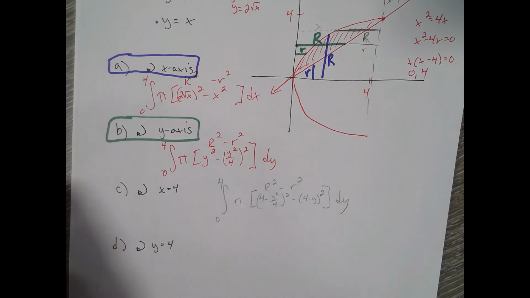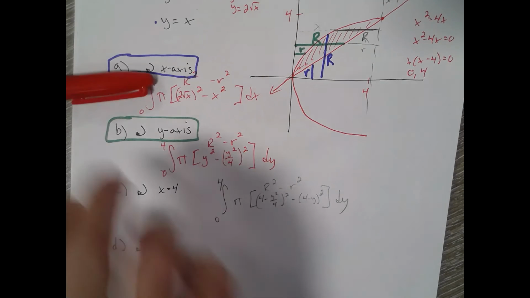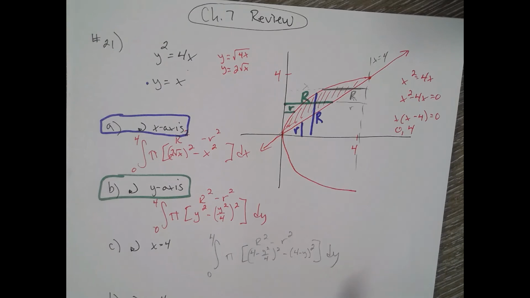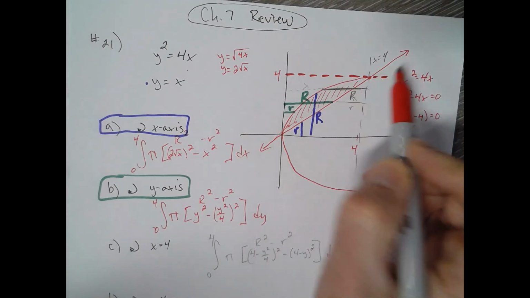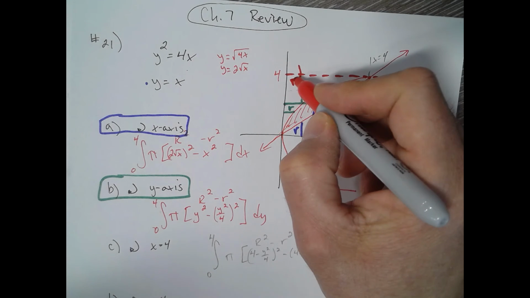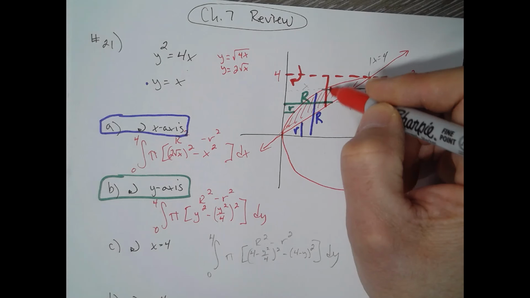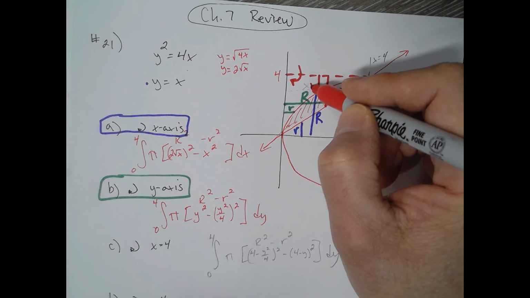Alright, I have one last color. I'll go with red here for the last one. Okay, we're going around y equals 4. So y equals 4 is back to the horizontal. So your big R would be this, and your little r would be that.